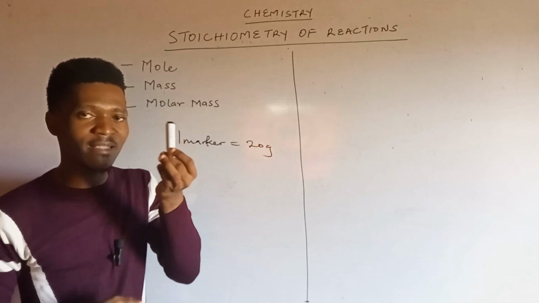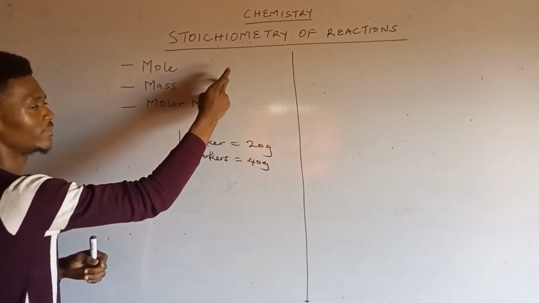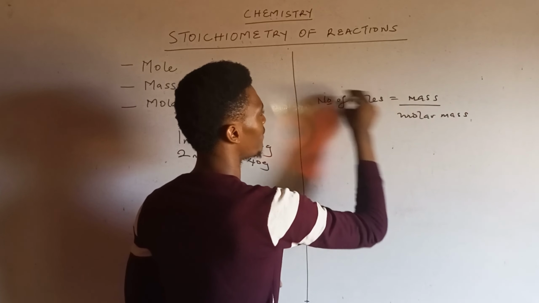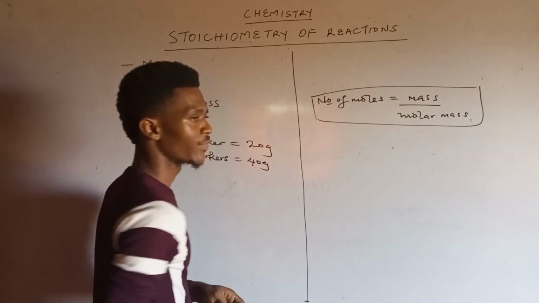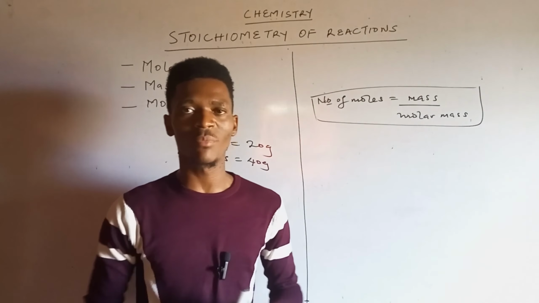There's a relationship that connects these three by a formula. Number of moles is given as mass over molar mass. You can find this in most textbooks as the formula that connects number of moles, mass, and molar mass together.